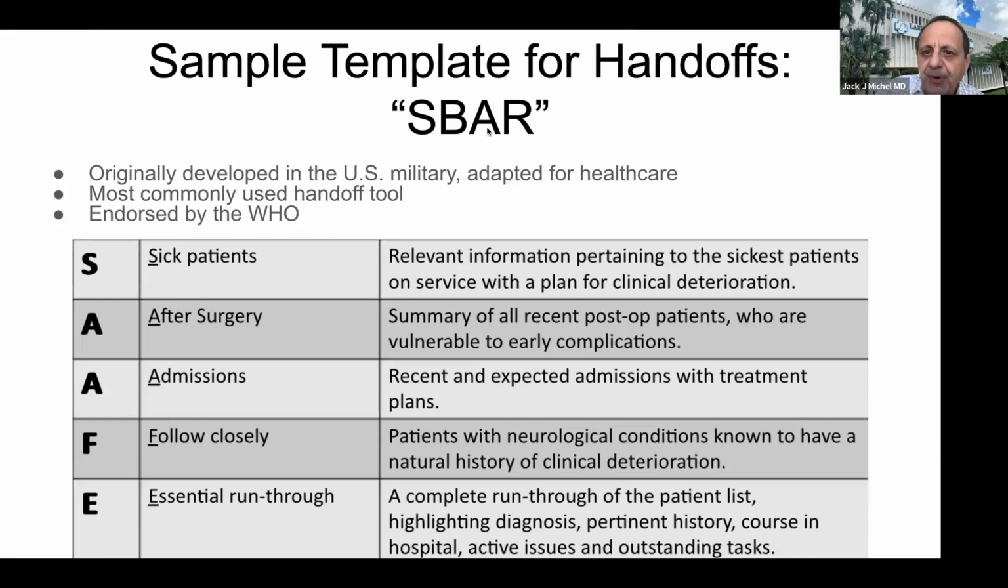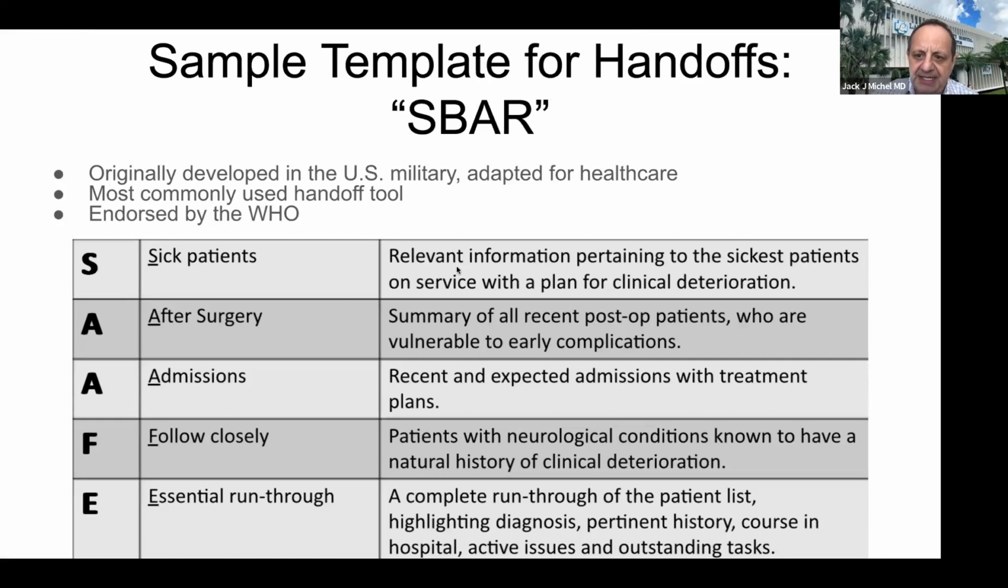This is the famous SBAR, and it was developed by the U.S. military. It's used mainly by surgery programs. SBAR stands for sick, after surgery, admissions, follow closely, and essential run-through. So it goes through every single item.